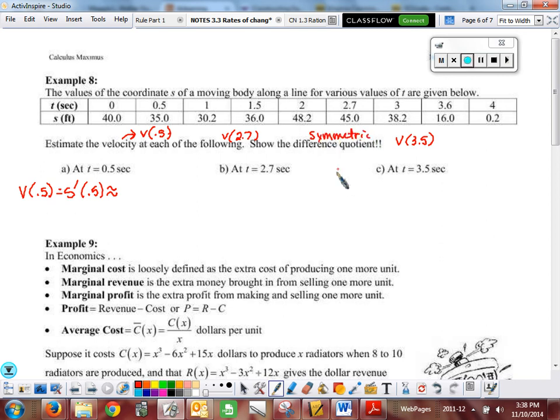So you want to pick a point on either side of your curve. So even though there is a point for 0.5 and 35, I don't really want to use that point on the curve. I want to use the 2 points, because if I use this and the one after it, kind of exaggerating it here, that would be the secant line slope, whereas the tangent line slope that I really want is this one right here.